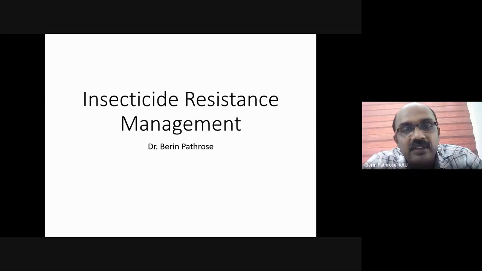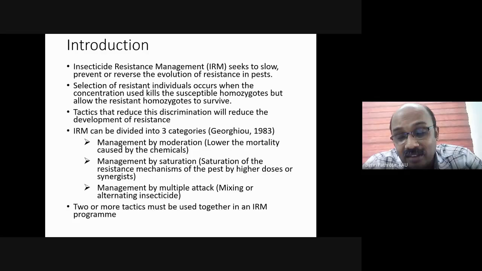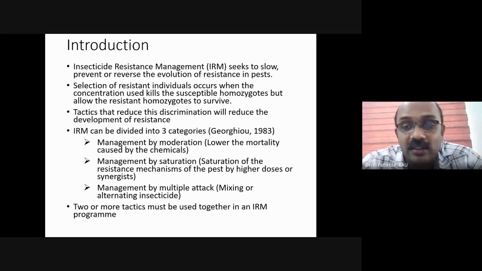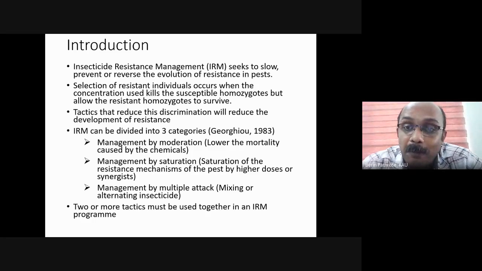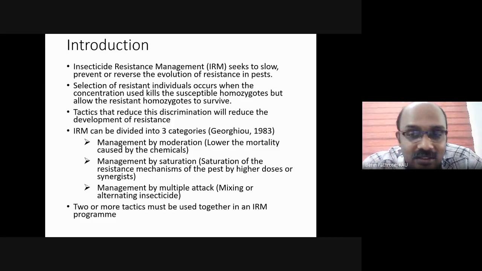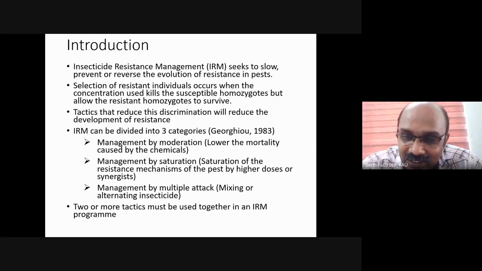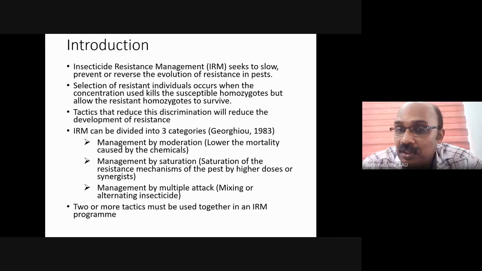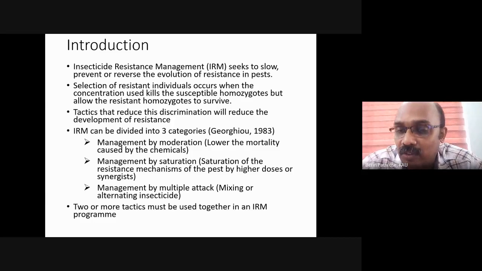Okay, first we will see the definition of insecticide resistance management. Insecticide resistance management seeks to slow, prevent, or reverse the development of resistance in insects. It is a strategy which seeks to slow down the development of resistance.